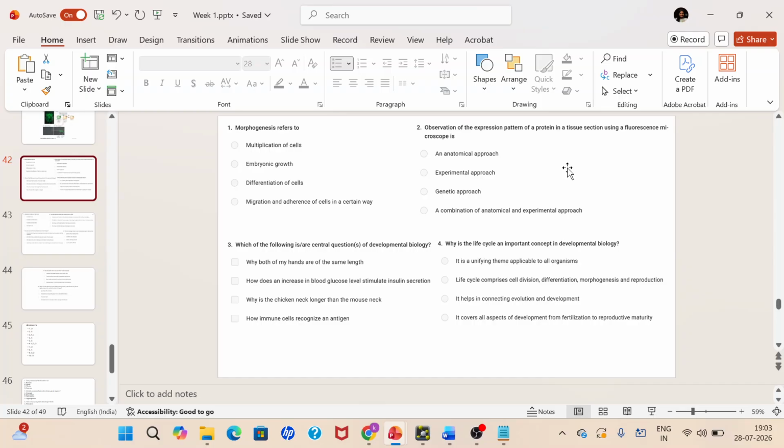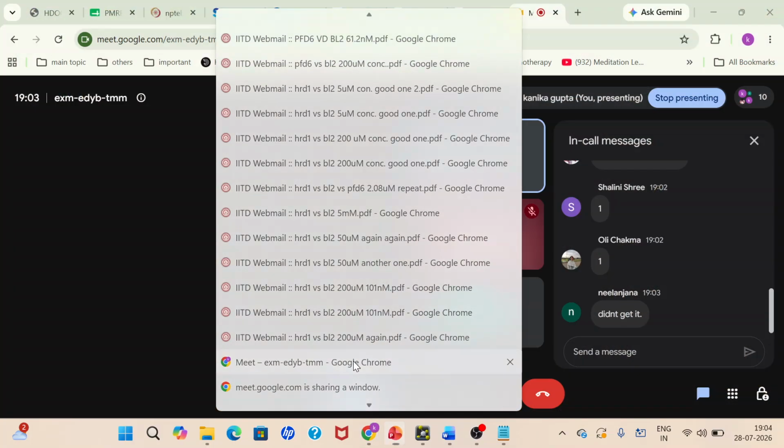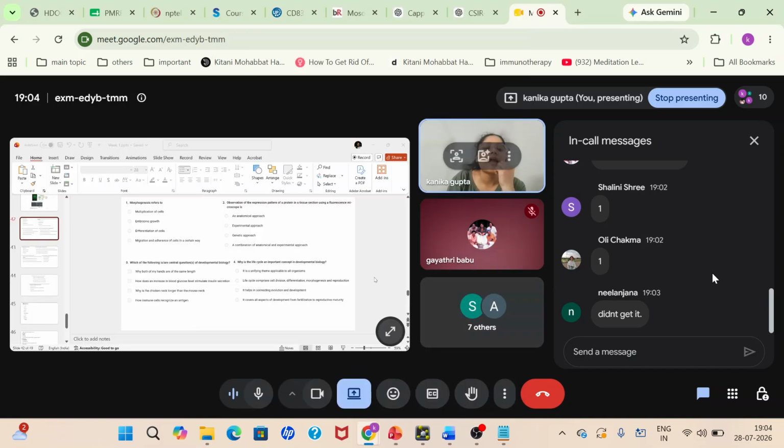Basically, they want to observe a particular expression of a particular protein in a cell using the fluorescence microscope. So what kind of an approach is it? We have been studying all of these approaches, so the answer is anatomical approach. Did you understand it now, Nilanjana?